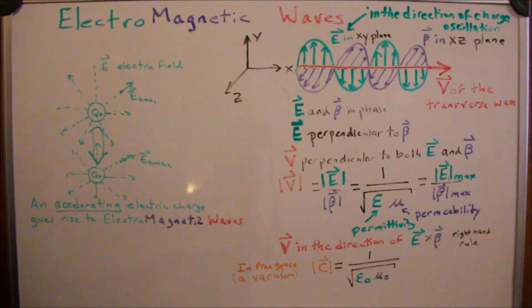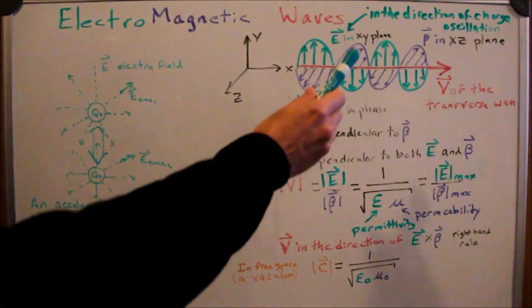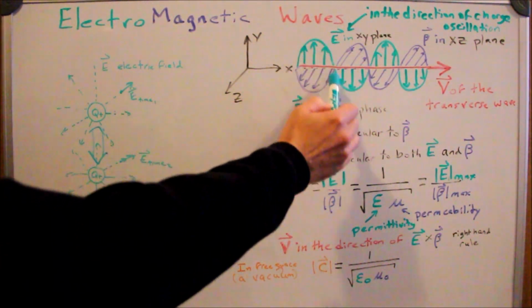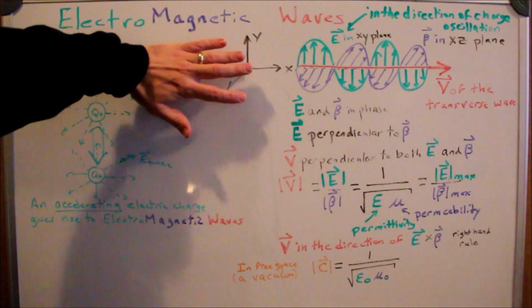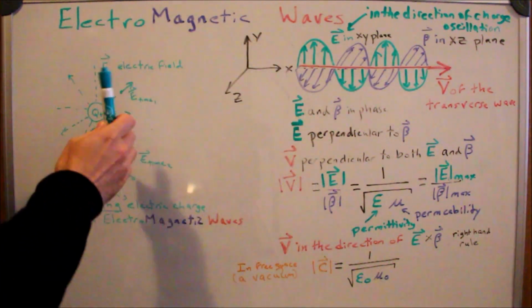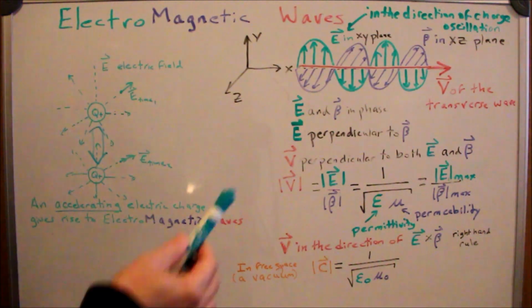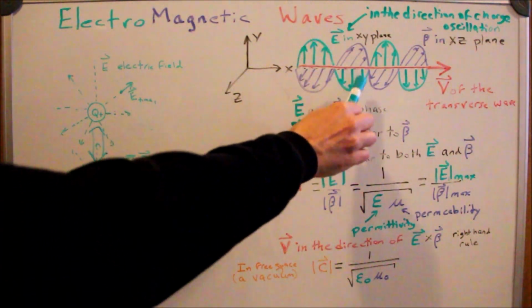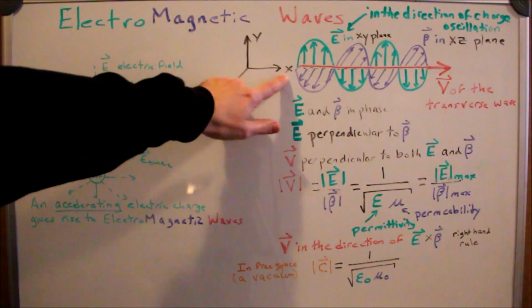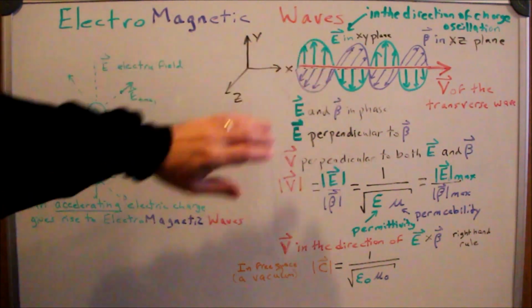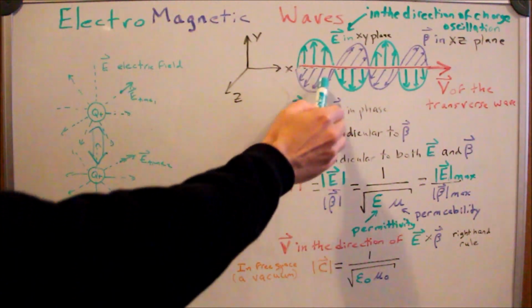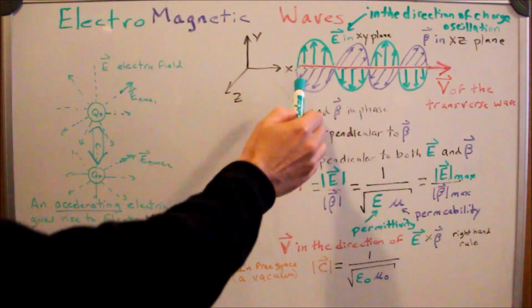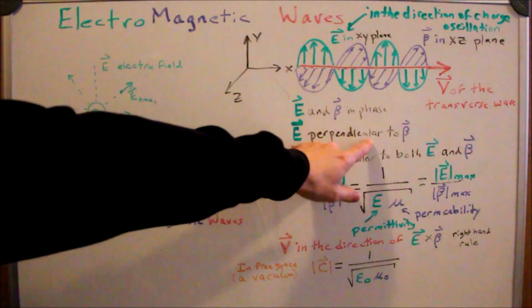For this case, I'm moving in the plane of the board, therefore for the electromagnetic wave propagating from this moving charge, the electric field is in the plane of the board, so it's in the XY plane, and it's changing with time as the charge moves, and it's inducing a magnetic field which is perpendicular to it.